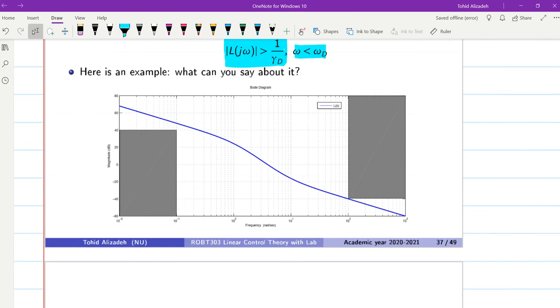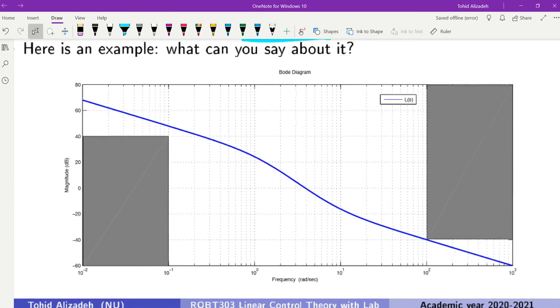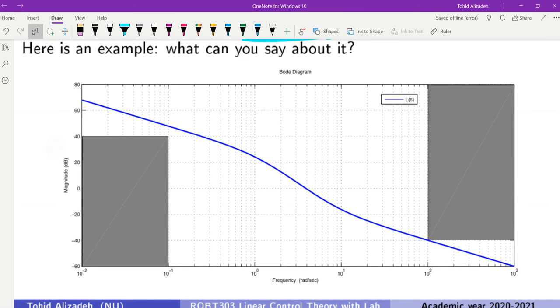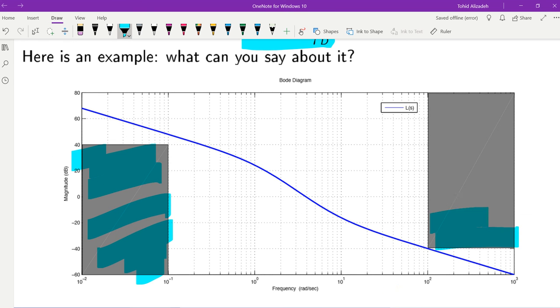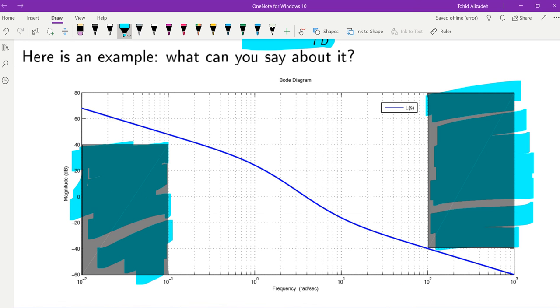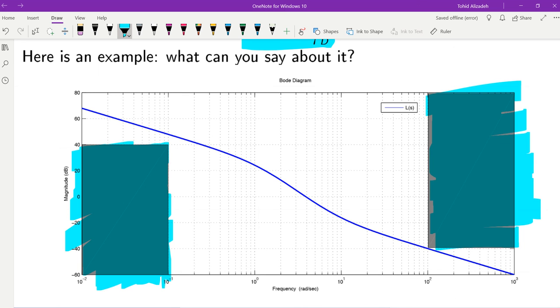And you can see the conclusion in a graphical way. So basically for the disturbance rejection and for the noise attenuation, we will have the dangerous zones. The amplitude of L of j omega should not enter these zones in order to satisfy the requirements in terms of the disturbance rejection and the noise attenuation.